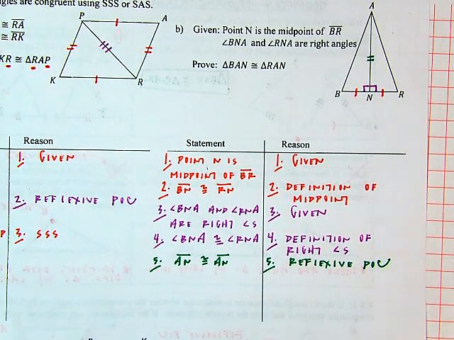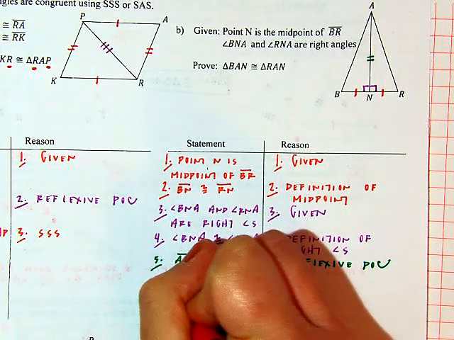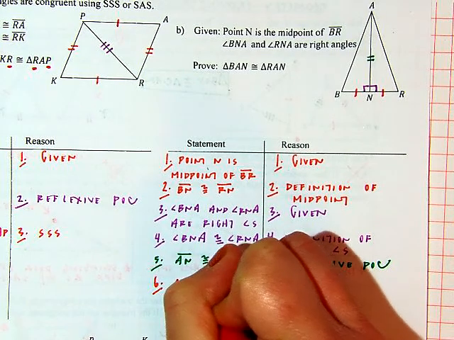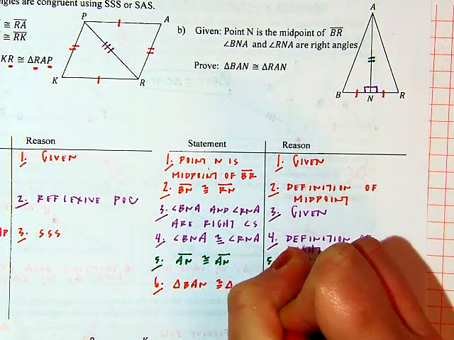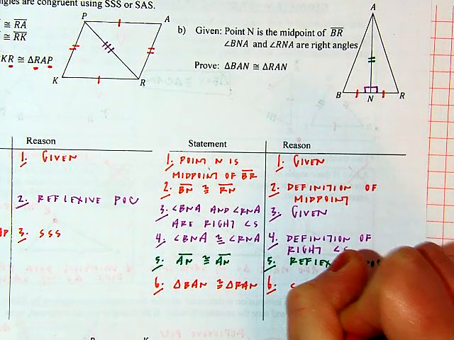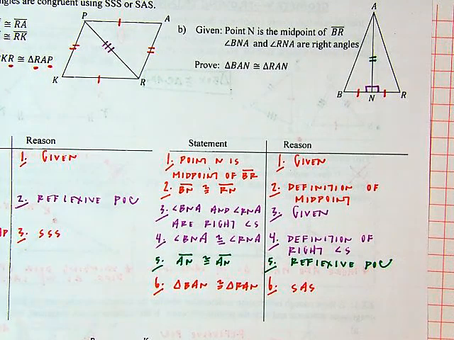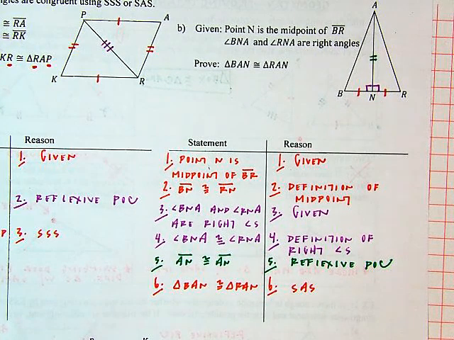And now I have two pairs of corresponding sides, one pair of corresponding included angles, so I can reach my conclusion here in step 6. I can say that triangle BAN is congruent to triangle RAN. Side, angle, side. We end up seeing a lot of side, angle, side in these proofs.